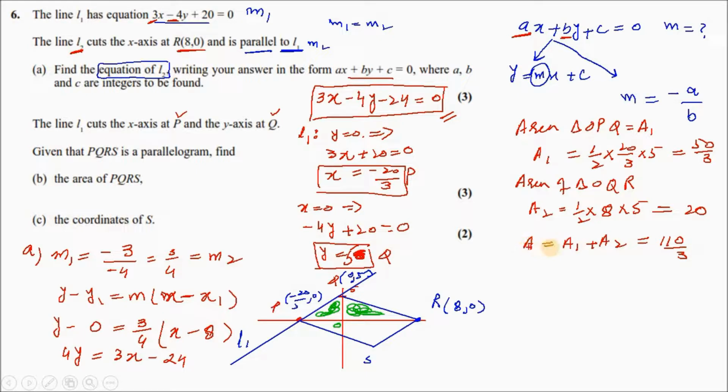So this is the area of the first two triangles above the x-axis. So the total area of parallelogram PQRS will be twice the area. That means 220 divided by 3. This is the final area of the parallelogram.